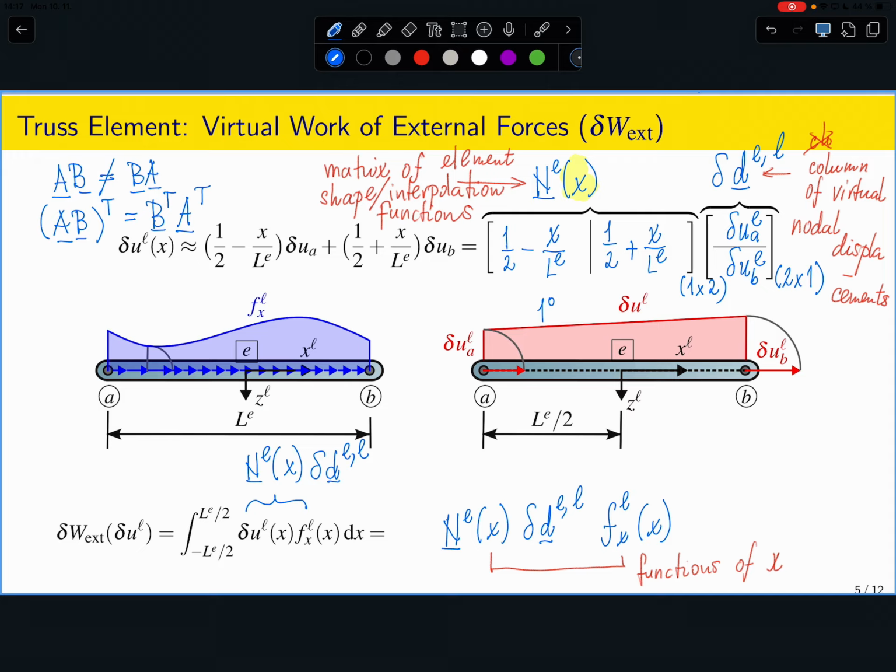Okay? So now if I would like to apply this to this product, after some thought, one realizes that if I do the product of these two quantities, this is just one number.